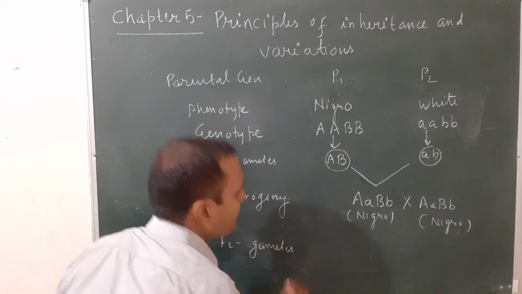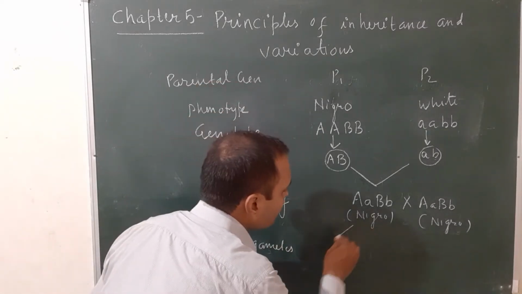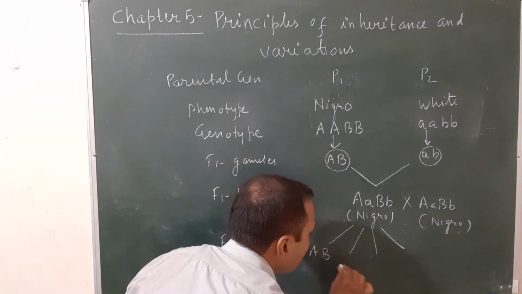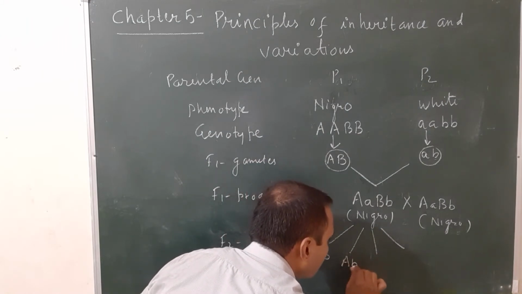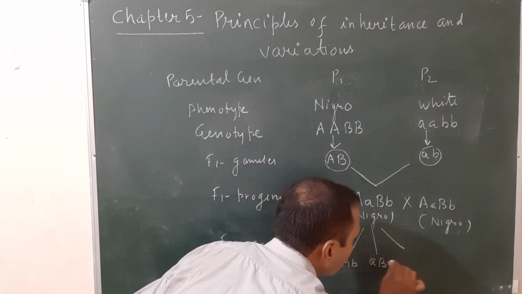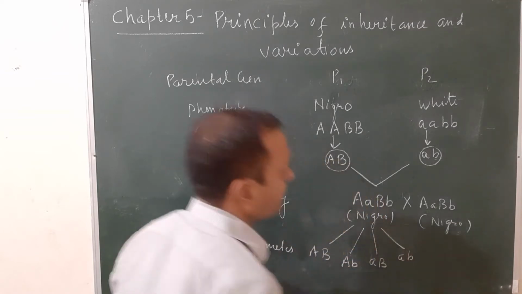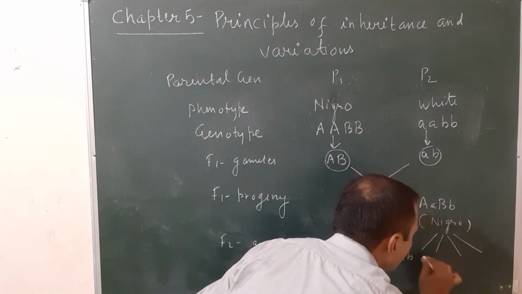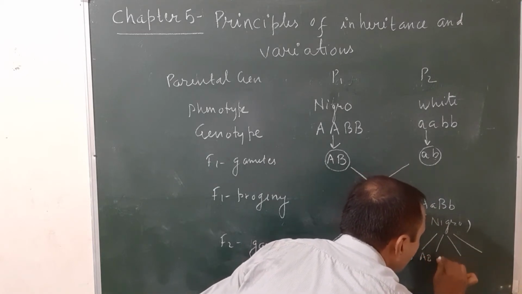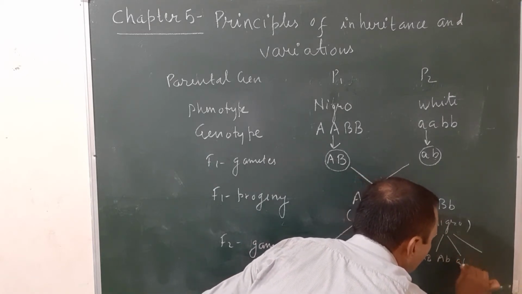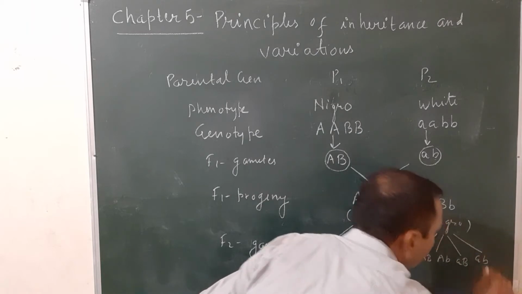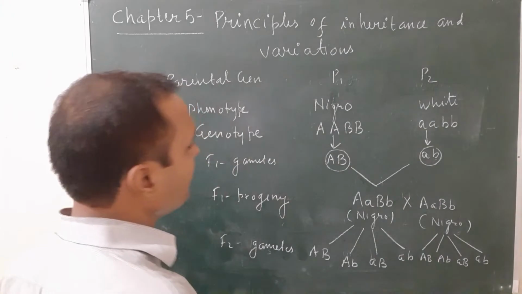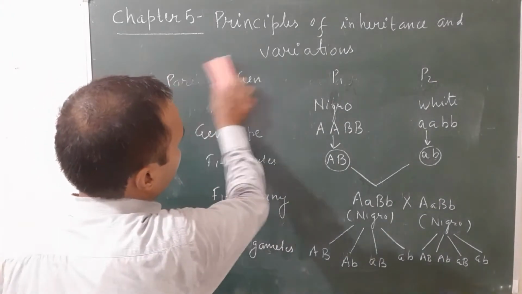This parent will produce 4 types of gametes: first capital A, capital B; second capital A, small b; third small a, capital B; and fourth small a, small b. The other parent will also produce 4 types of the same gametes: capital A, capital B; capital A, small b; small a, capital B; and small a, small b. Let us go for the F2 generation progeny and their phenotypes.